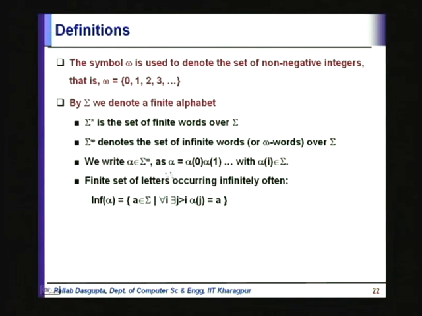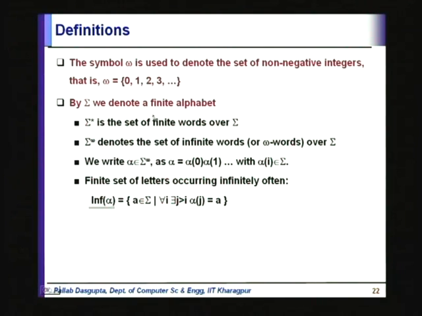Alright. So given any infinite word alpha, the first symbol in that is alpha 0, the second symbol is alpha 1, and so on. So we can enumerate these symbols, and we will denote by INF alpha the finite set of letters which occur infinitely often.